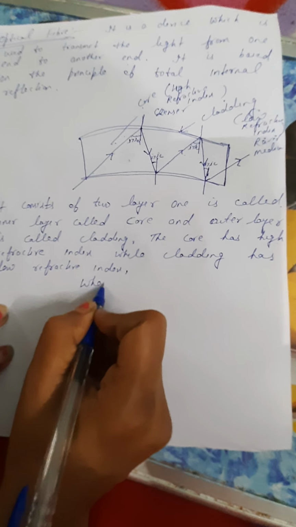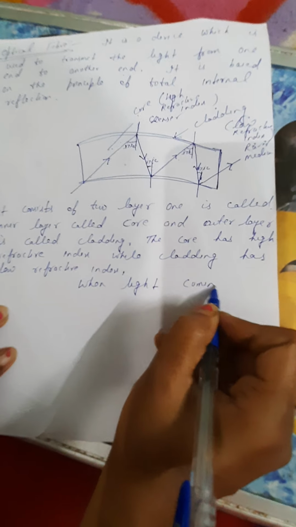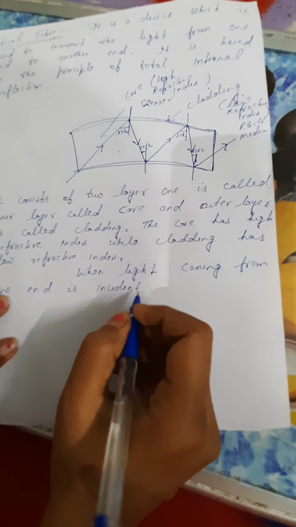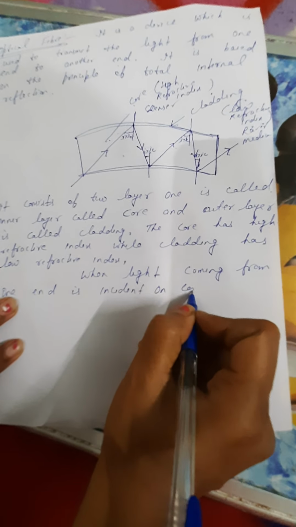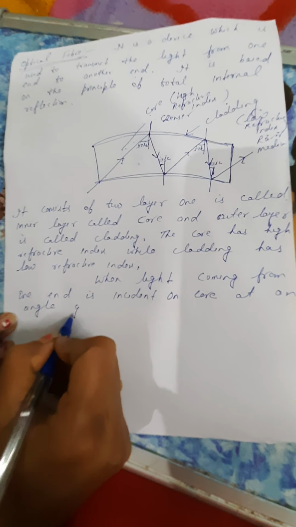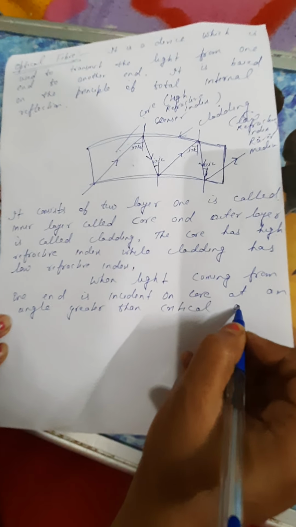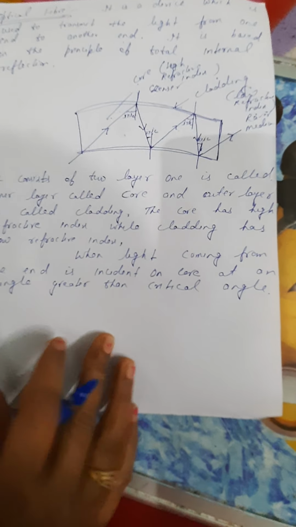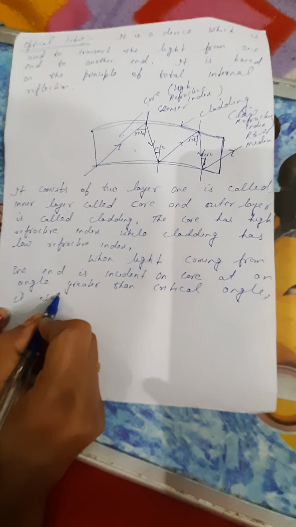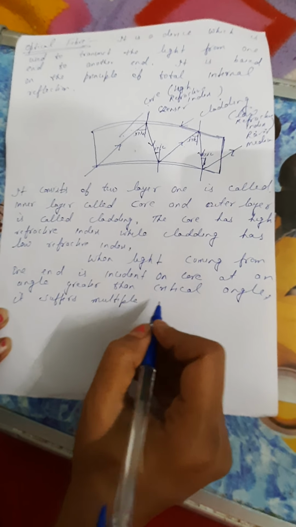Now what is its working? When light coming from one end is incident on the core at an angle greater than the critical angle, it suffers multiple TIR.